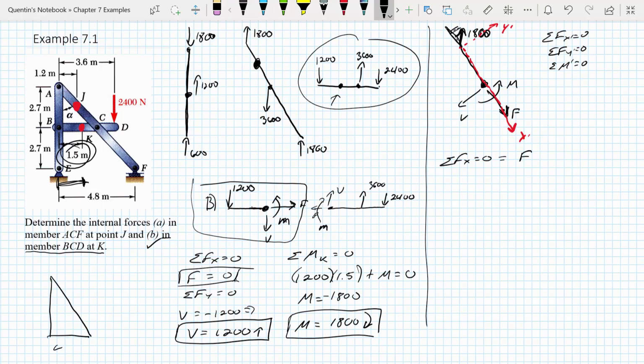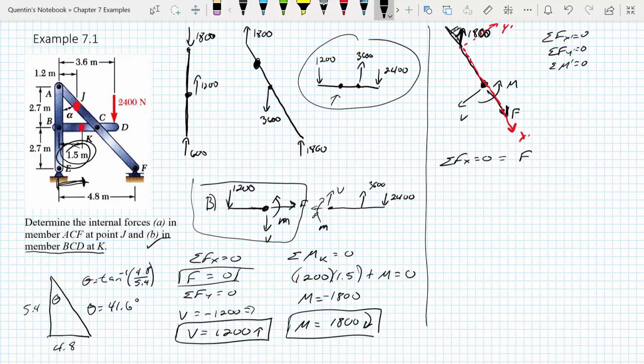This is 4.8. This is 5.4. If this is theta, theta is tangent inverse of 4.8 over 5.4. It turns out that theta is equal to 41.6 degrees. Which is lovely.